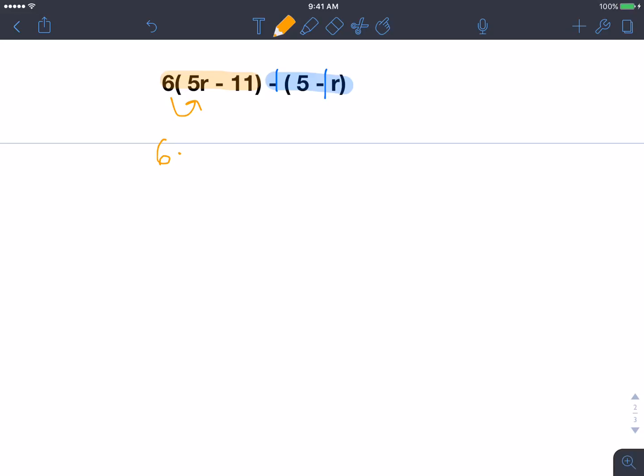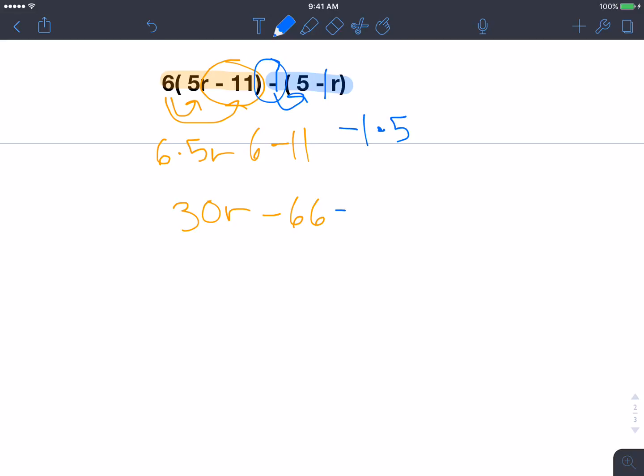Six times 5R gives me 30R. 6 times negative 11 gives me negative 66. And then on my second one, I have negative 1 times 5. And then I have negative 1 times negative 1, R.